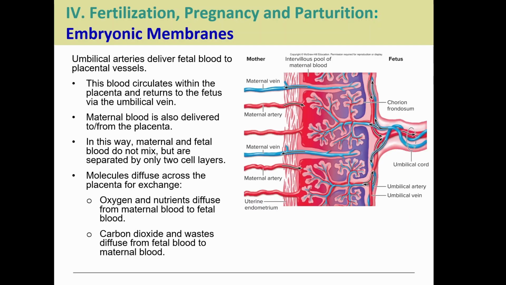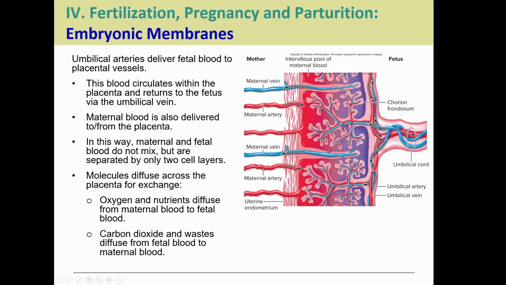We also have a connection with the bloodstream between mom and baby, but it's not a direct connection. Rather, we use diffusion between the blood vessels from mom and the blood vessels from the fetus. If we look at the umbilical cord, umbilical arteries are shown in blue and umbilical veins in red.